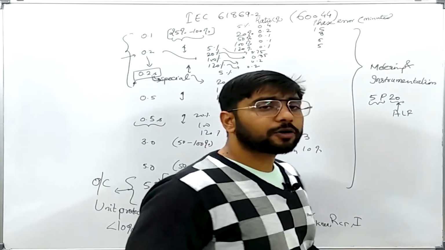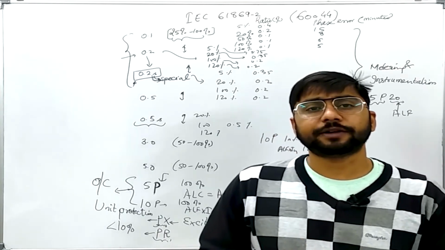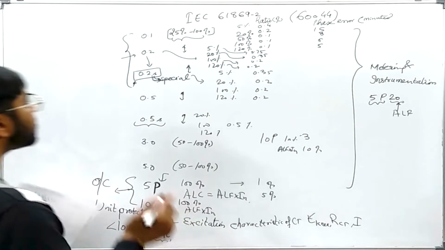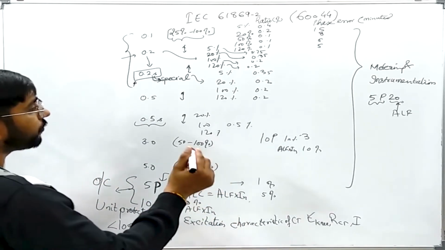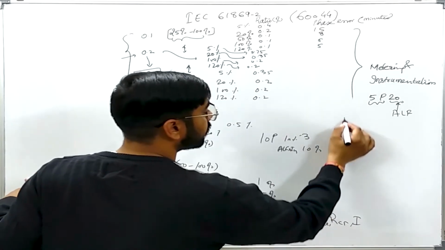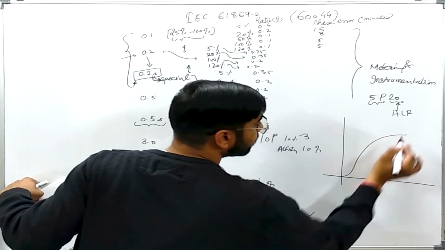Okay. Now according to the IEC, there is a special definition of the knee point voltage. Okay, what is that? We know that the excitation characteristic of the magnetic material or the CT is like this.